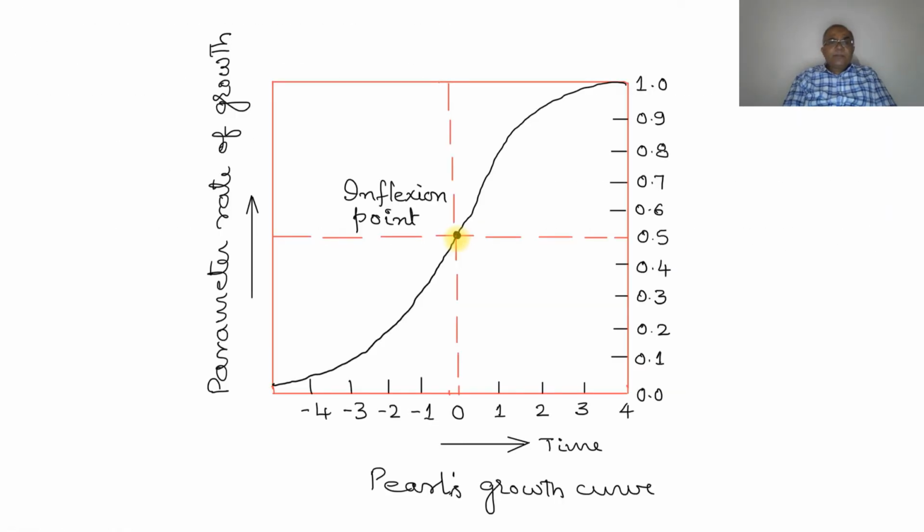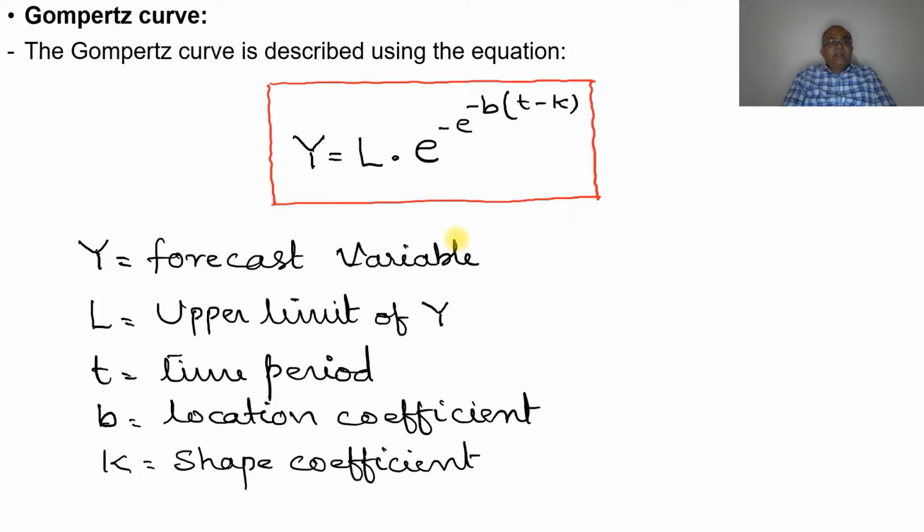Then comes the Gompertz curve. The Gompertz curve is described using the equation Y = L e^(-e^(-b(t-k))), where Y is the forecast variable, L is the upper limit of Y, t is the time period, b is the location coefficient, and k is the shape coefficient.